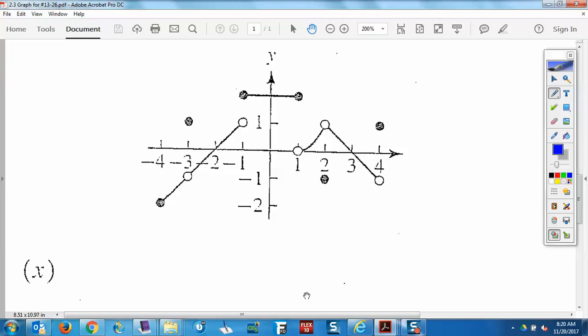When x is 2, what's happening with this graph? It's changing equations. Just like here, we got this line until here, and then it changes to this, and then to this little curve, and then it changes to this. So right away, when you see a piecewise function, the interest is at 2.